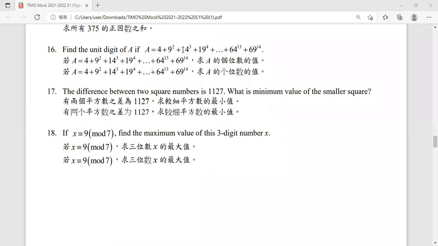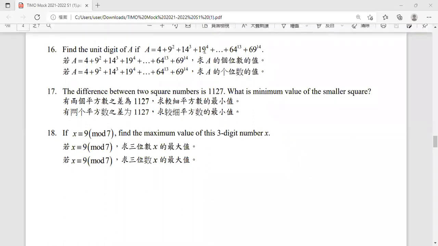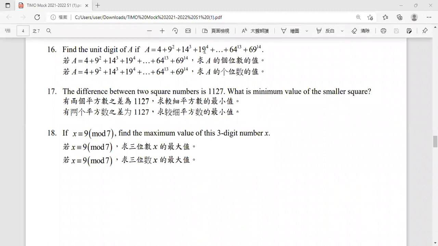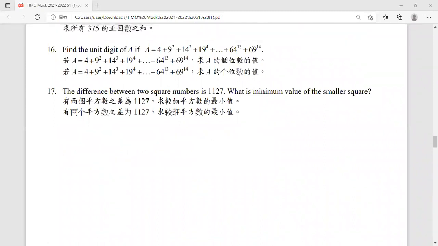Now let's see. Some of you have given me the answer, but I will go through it. I have a P and a Q. So P squared minus Q squared equals 1127. Now you have to find the minimum of Q squared.